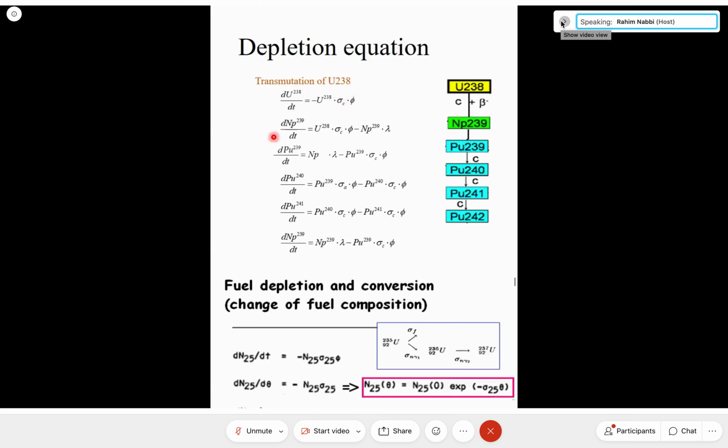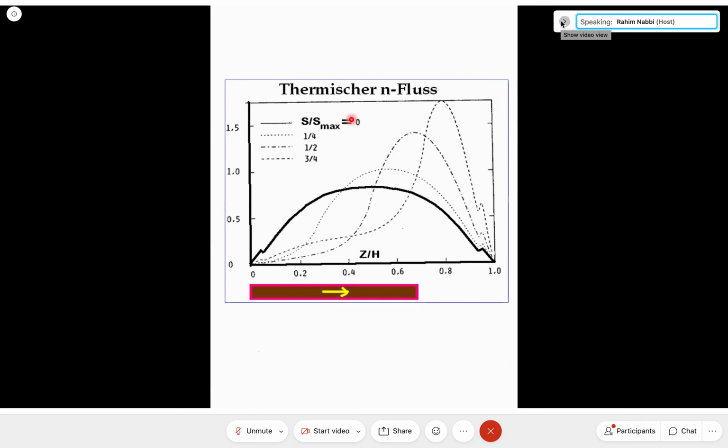Maybe I go on in order to see why phi during the operation is not a constant value, and under real conditions, one has to consider it, and we can see it from the next diagram here.